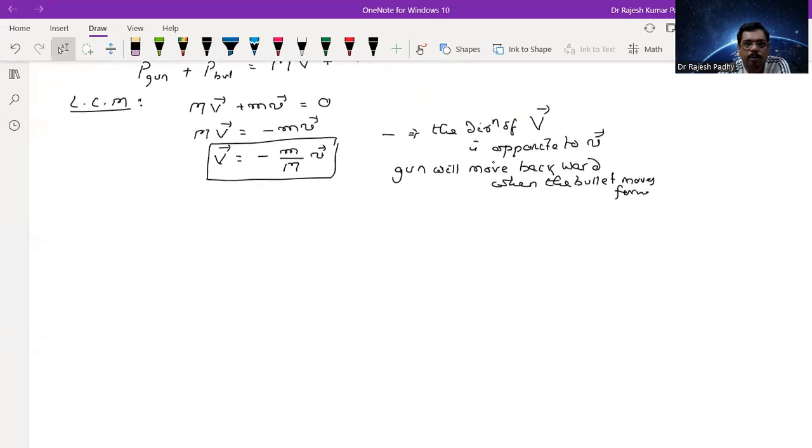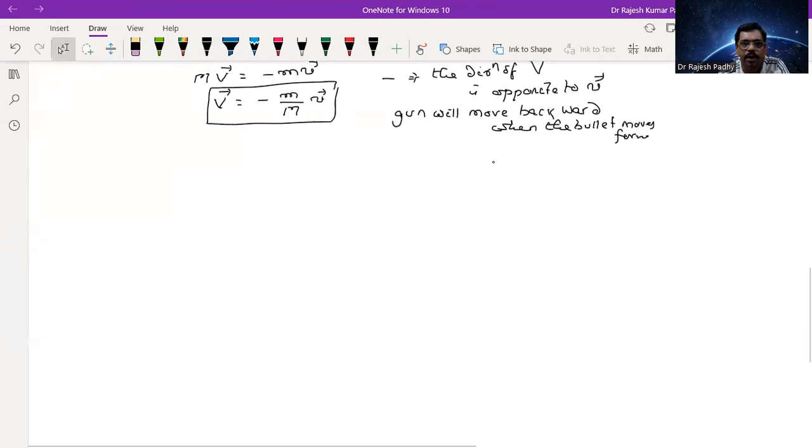Therefore, now let me analyze this relation. First, direction understood. Now, as capital M is greater than small m, this implies capital V magnitude will be smaller than small v magnitude.